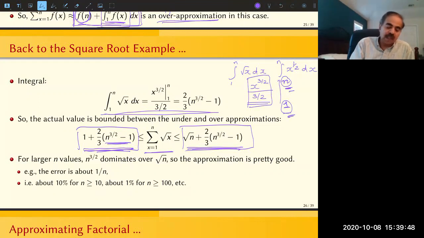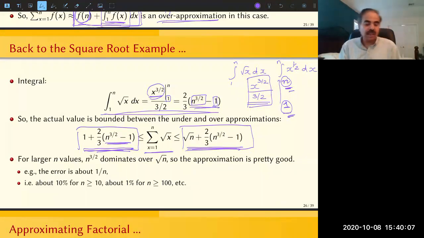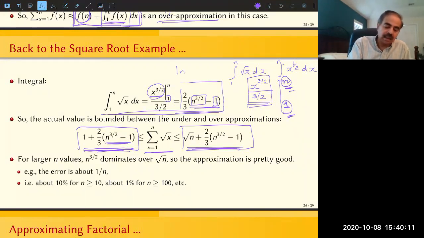So when you apply x to the power 3/2 at n, you get n to the power 3/2, and when you apply it at 1, you will get 1. So you take the subtraction, and this is the integral that we want.